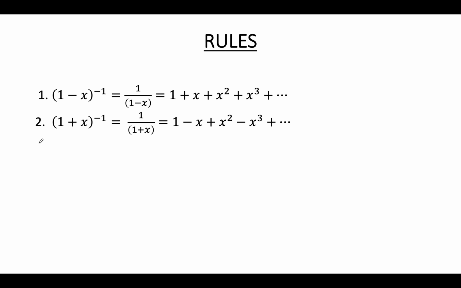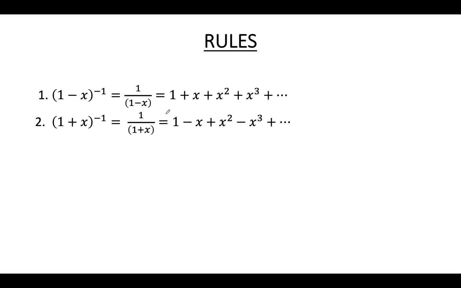All right, before we go to the examples, we need to identify some rules that we will use to solve the upcoming problems. The first rule says that the closed form (1 minus x) to the power minus 1 is equal to 1 over 1 minus x, which is equal to the series form 1 plus x plus x squared plus x to the power 3, etc. The second rule is (1 plus x) to the power minus 1, which is equal to 1 over 1 plus x.